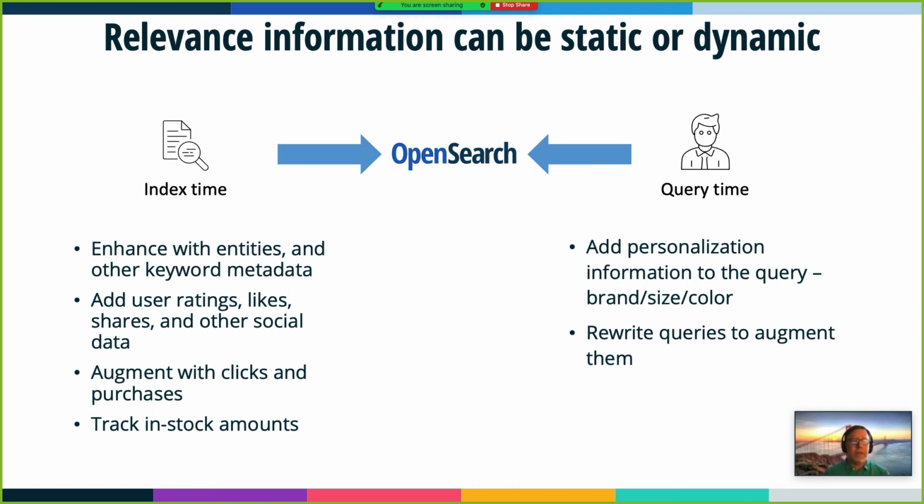You can do keyword extraction. Those can make documents more retrievable or retrievable based on a higher level concept match. You also frequently can add information like user ratings, likes, shares, other social media. All of that sort of static or compile time, index time, if you will, information can improve your ranking because you can build a rank function to bring that into play.